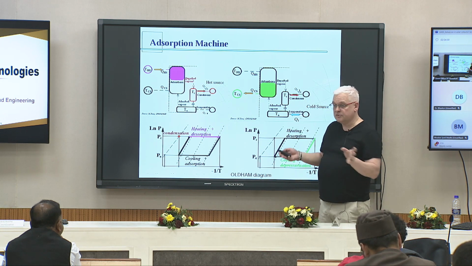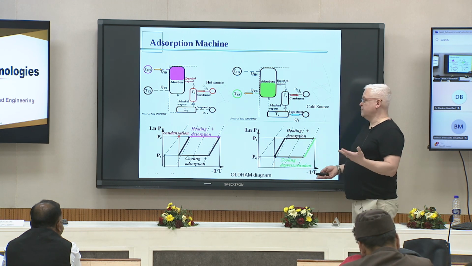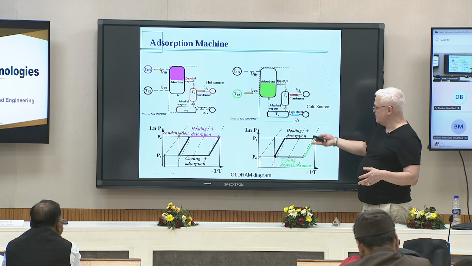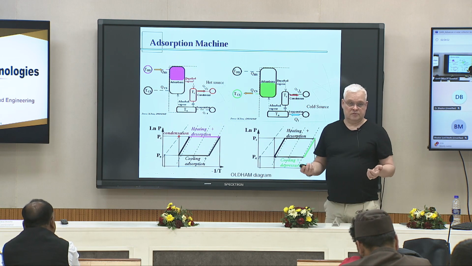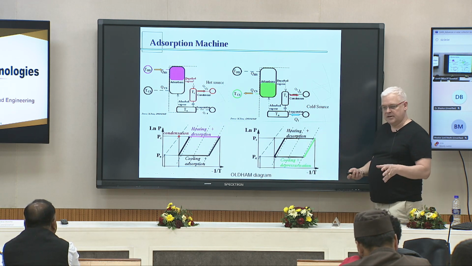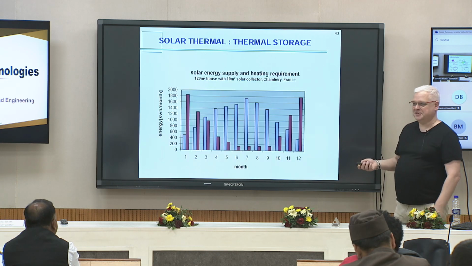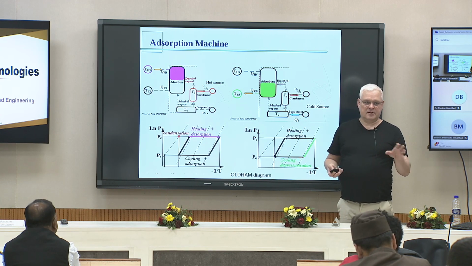But it's very interesting because it's fully autonomous. You just need some heat from the sun, and the circulation and the passage of the media is natural. I like this also. Do you have any question regarding absorption, adsorption?